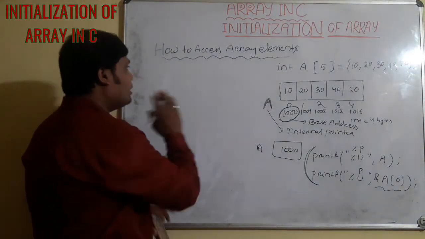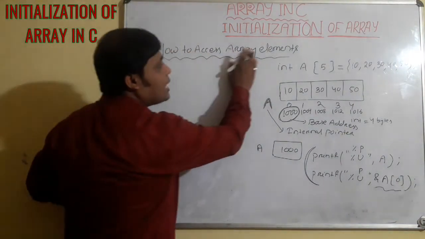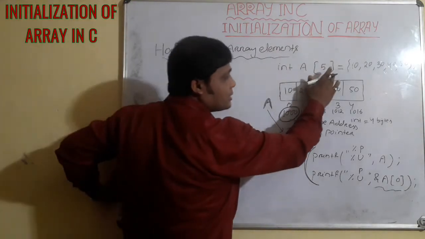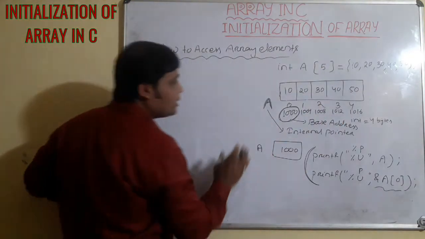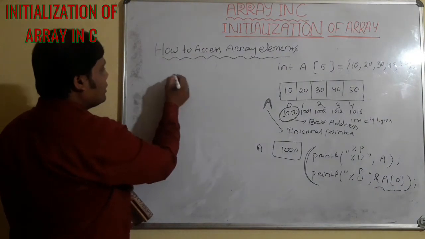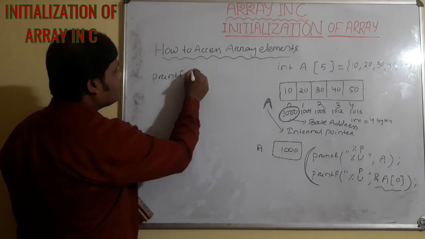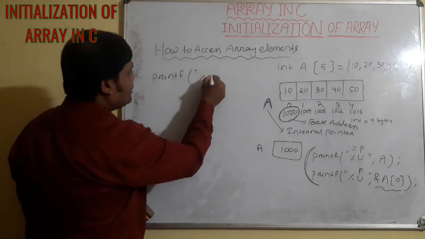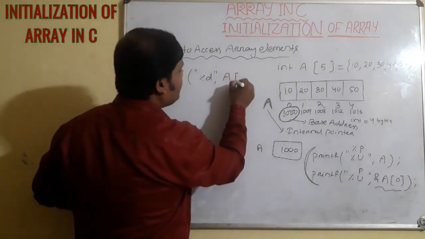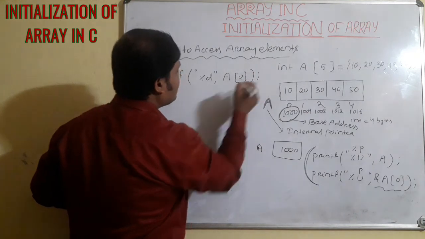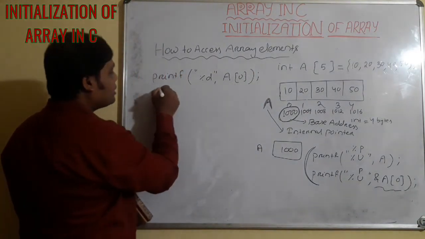Clear? Now see how to access array elements. Here I have taken array size 5. I have given 5 elements to the array. How will I access them? To access, I have to write printf percent d, A of 0. To print the first element, I have to write this printf statement.